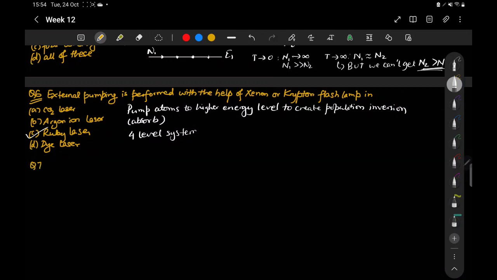Next question is also on ruby laser. The output wavelength of the ruby laser is what?